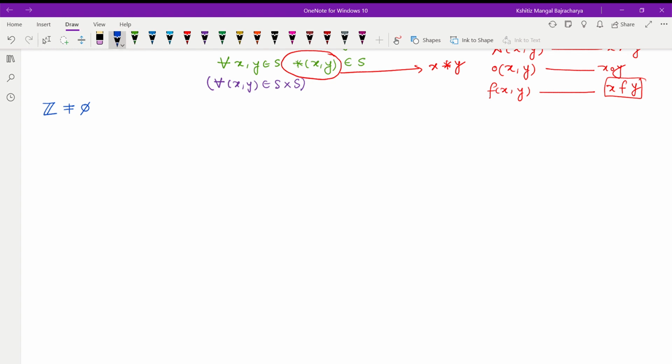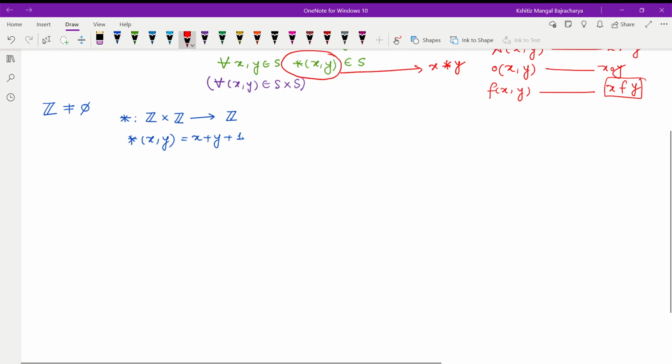And what we are given is a binary operation star, Z cross Z to Z, or whatever you want to call it, defined as something like this: x plus y plus 1.